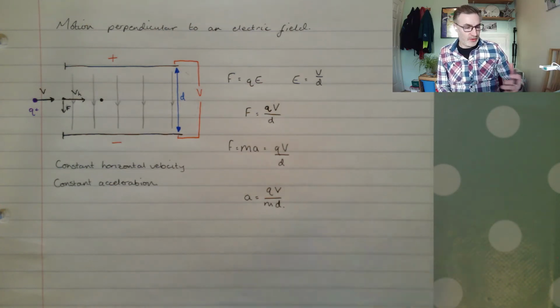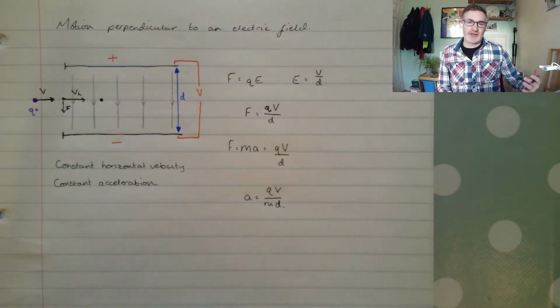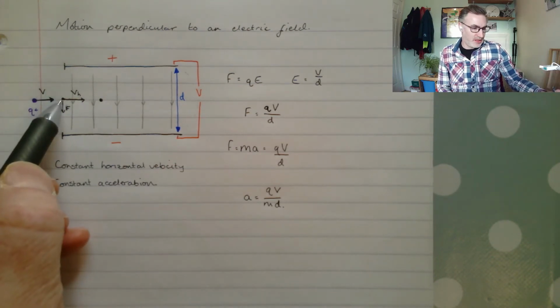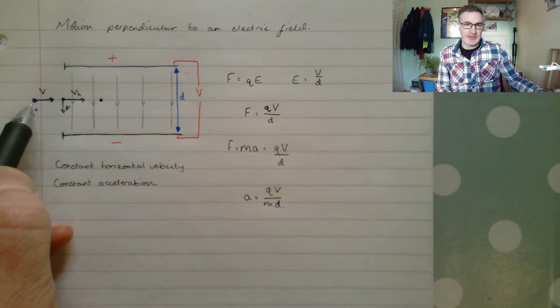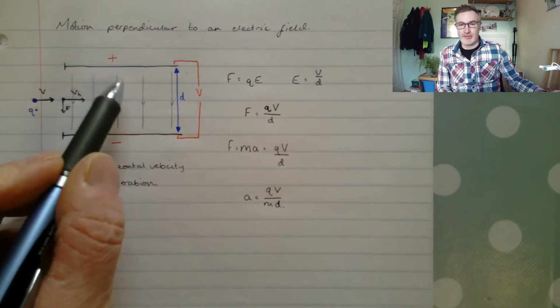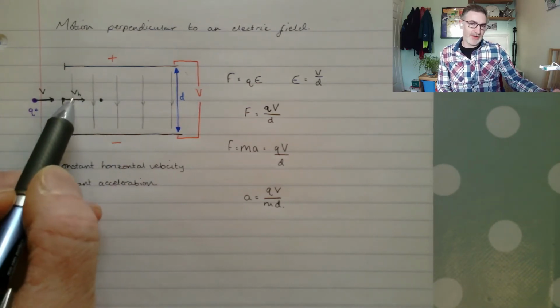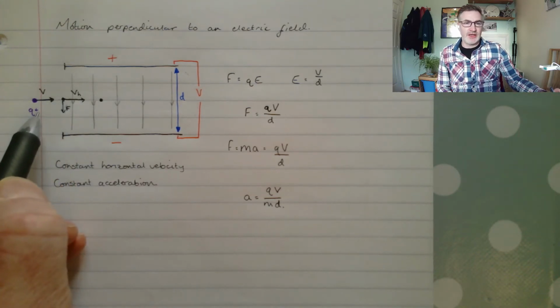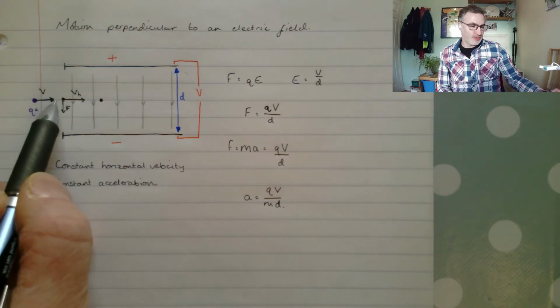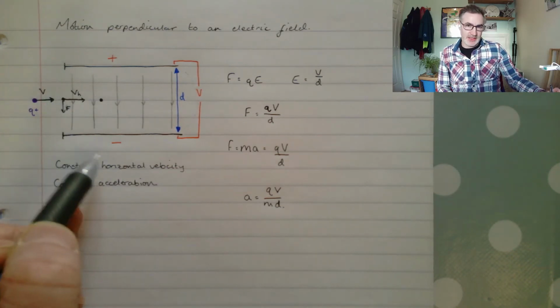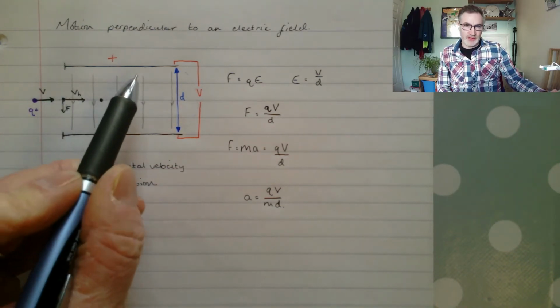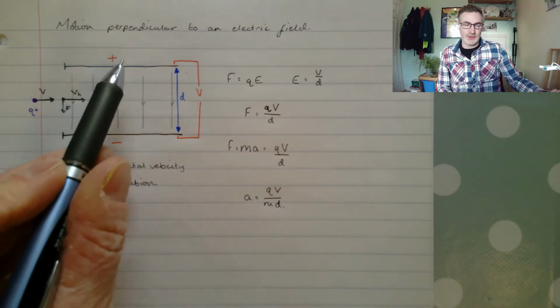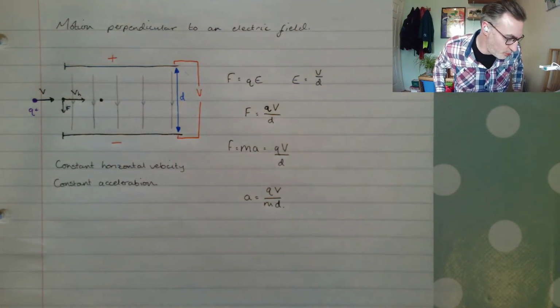And so with all of these, we can ignore the effects of gravity. It will be almost minuscule in comparison to the force it experiences due to the electric field. If we had a negative charge, we would have absolutely no problem doing exactly this, but having it move in an upwards path like so.